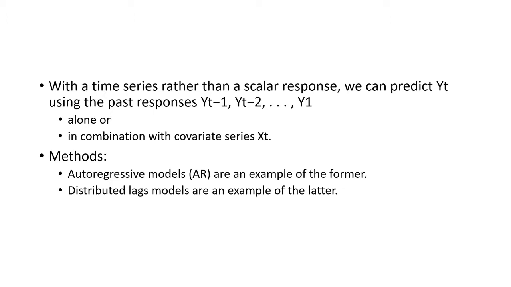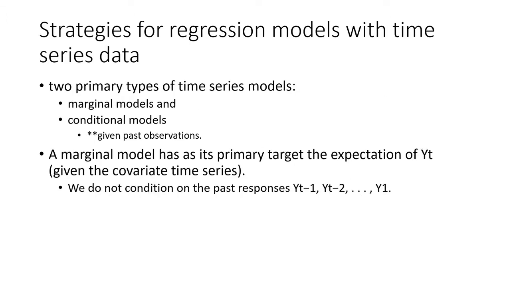So we can do auto-regressive models, AR, or we can use distributed lags model. We can use marginal models and also conditional models, but we won't go there yet for now, right?